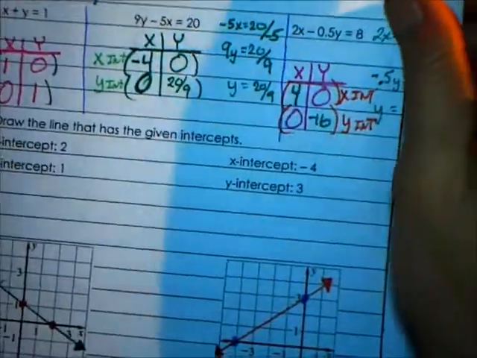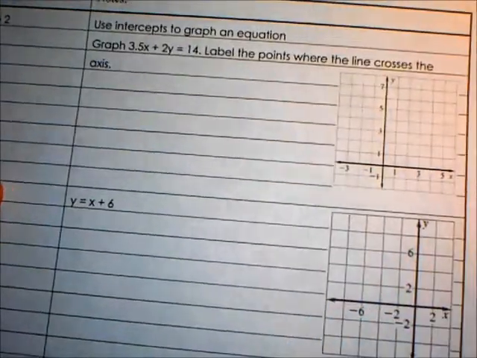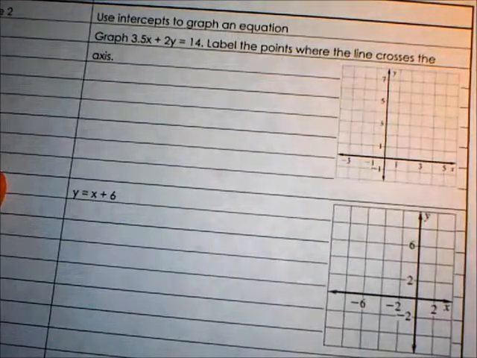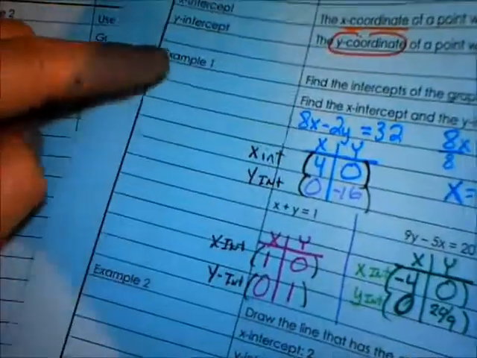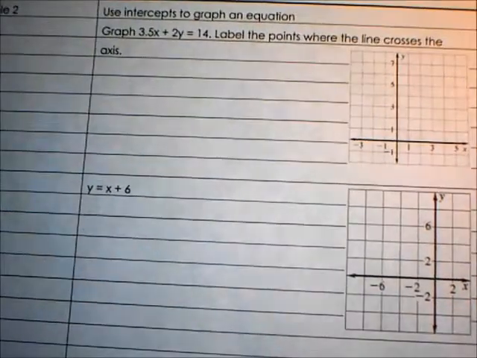Okay, on the back of your notes we have 2 more last examples, and this one combines the 2 things you're just doing. From example 1 and example 2, it puts them together. So if I look at the first example, this is actually example 3.